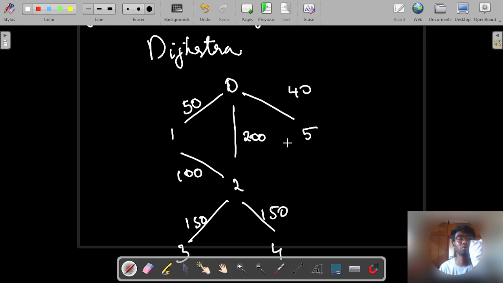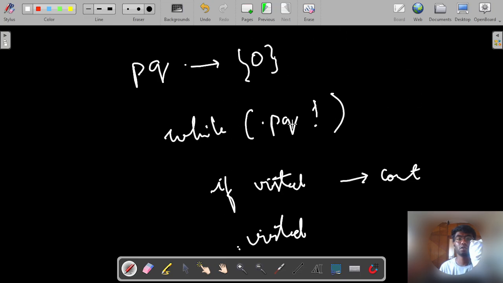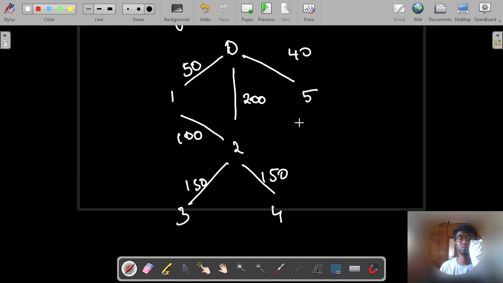Once we push these to the priority queue, once we explore these elements 1, 2, and 5, we also push their connecting neighbors, which is 2 for 1, and again 2 will have 3 and 4. 5 doesn't have any neighboring node.